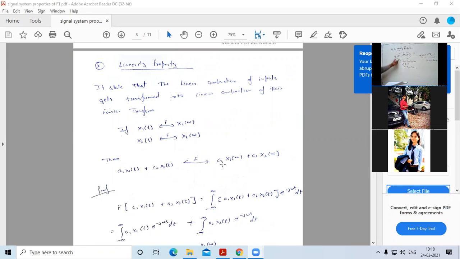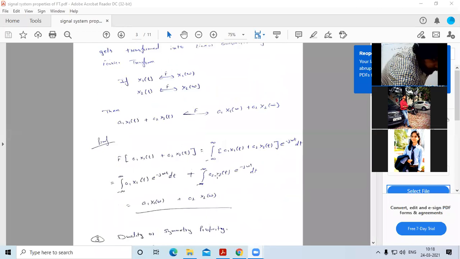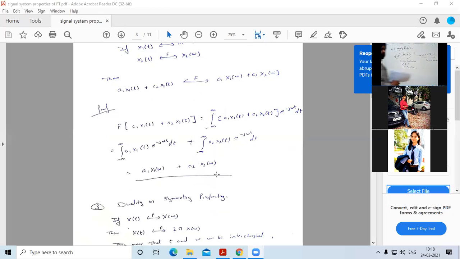Simply, we apply the standard formula to x1(t), then to x2(t), and we get the simple result: a1 X1 of omega plus a2 X2 of omega.